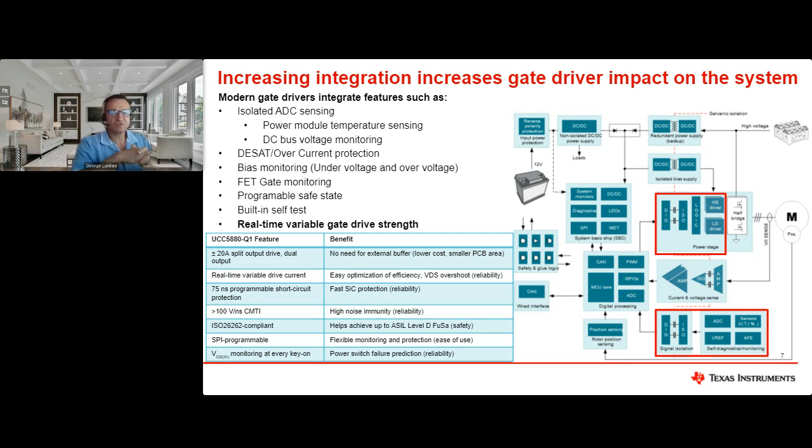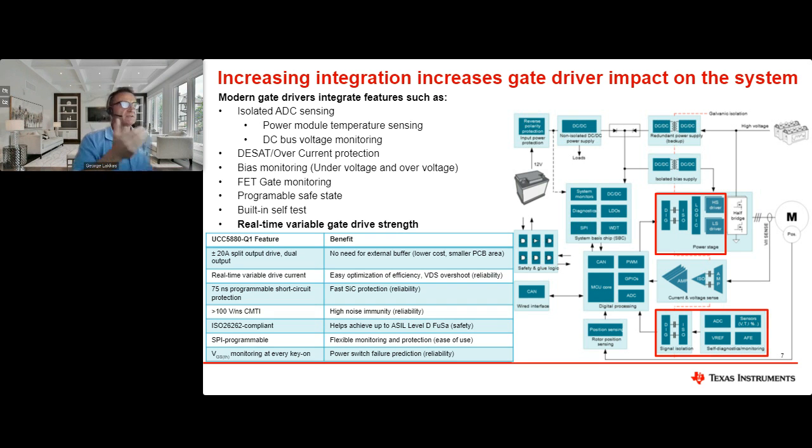We have a variety of multiple thresholds that can be programmed into the gate driver to achieve and ensure a safe state. Today's gate drivers also have built-in self-tests, where they check all the voltages and all the comparators inside the gate driver as we power on, to make sure everything is up and running to not only turn the FET on and off, but also be able to protect and monitor.